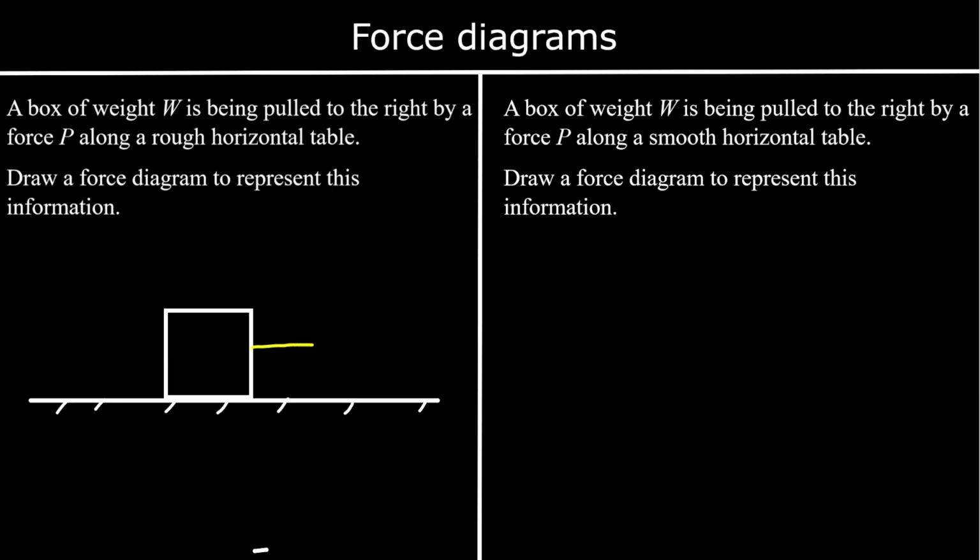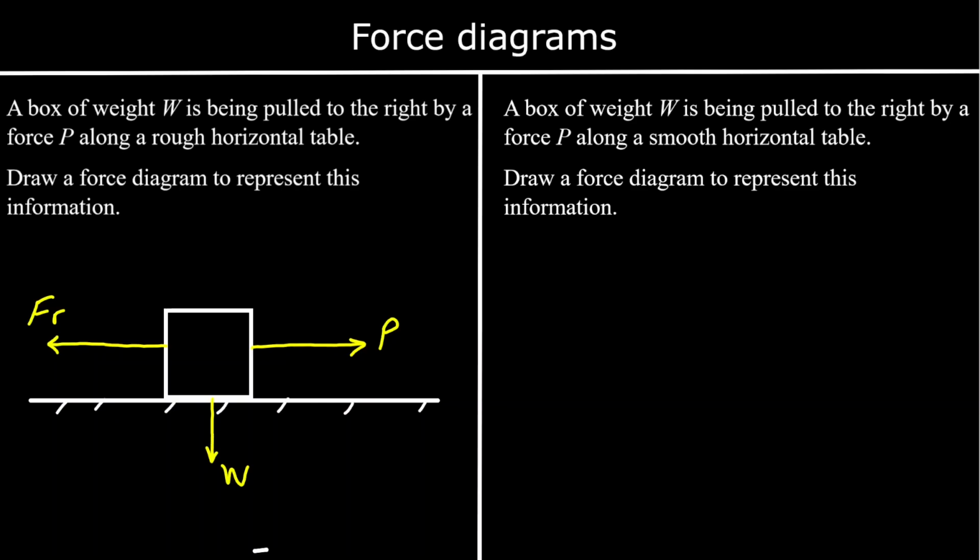It's being pulled to the right by a force called P. It's a rough table, so that motion will be opposed by a force called friction. It's got a weight W. Weight is a force that acts downwards.